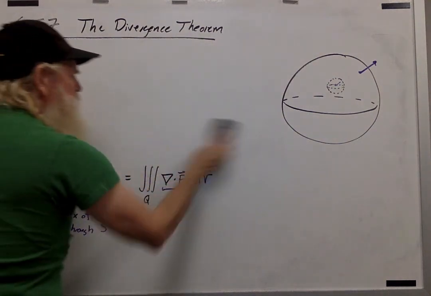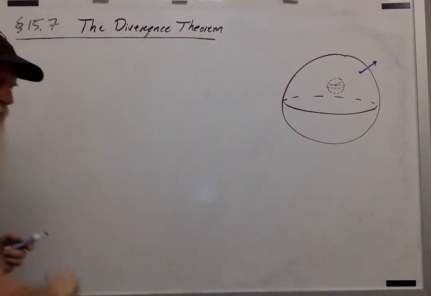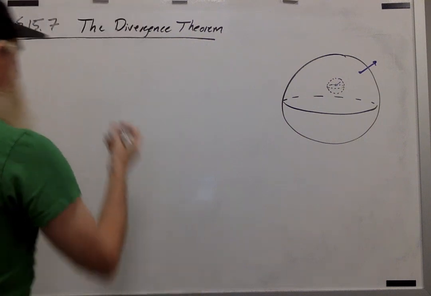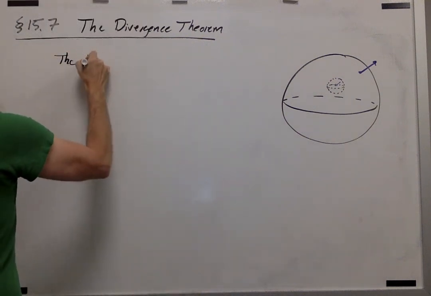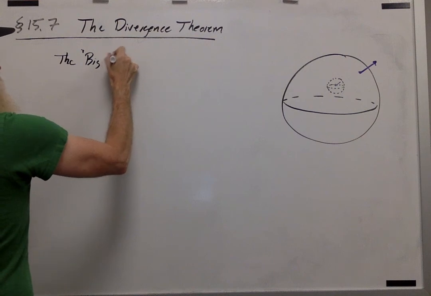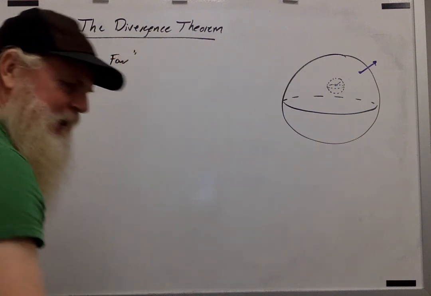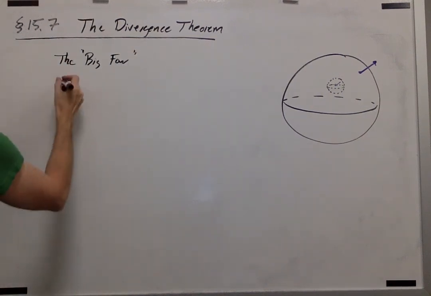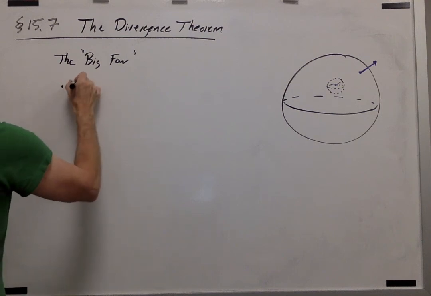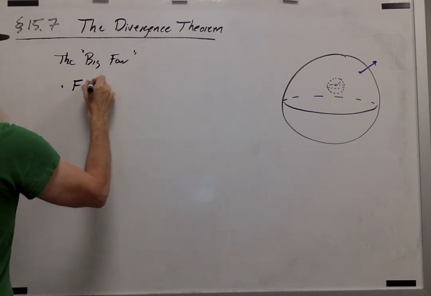So the divergence theorem is the fourth of what I've been calling the big four. And let me remind you what those were. First of all, we saw the fundamental theorem of line integrals.